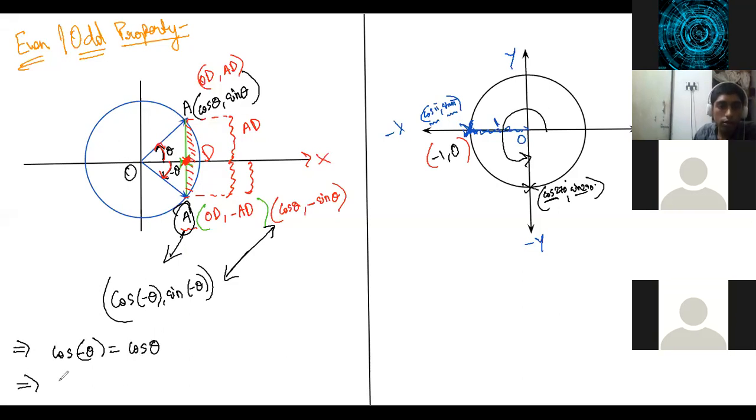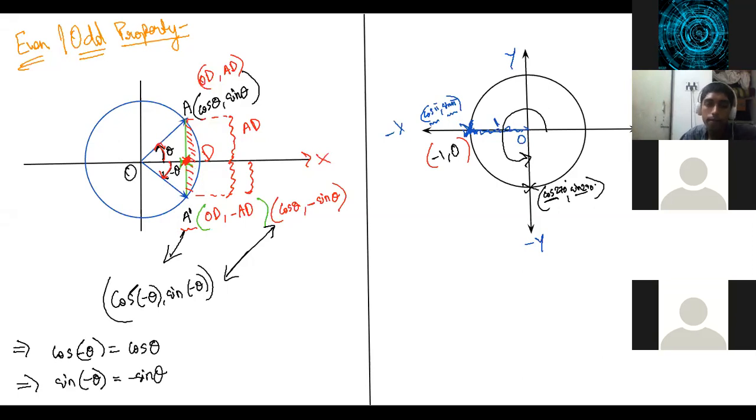Repeat one more time the last part. Yeah, 1 second. See, the coordinates of A dash, what are the coordinates of A dash according to the angle it is making? What is the angle it is making? Minus theta. So if it is making angle minus theta, the coordinates will be cos minus theta and sin minus theta.